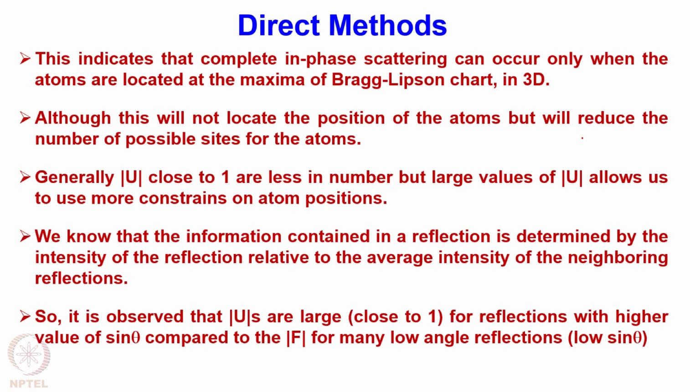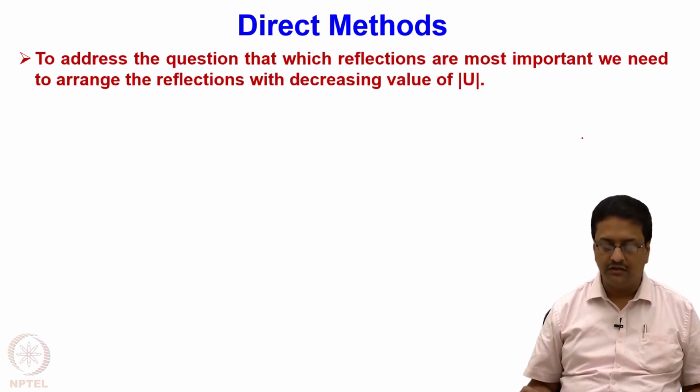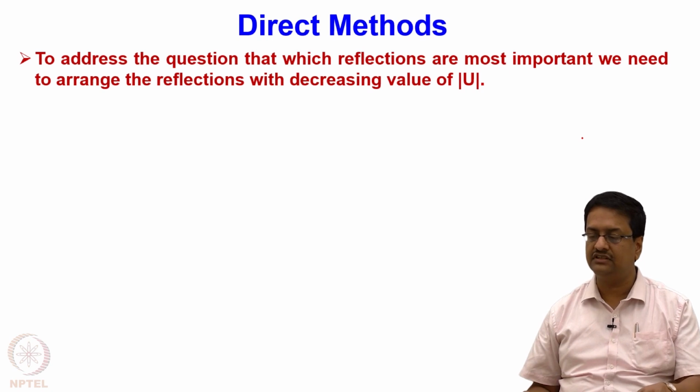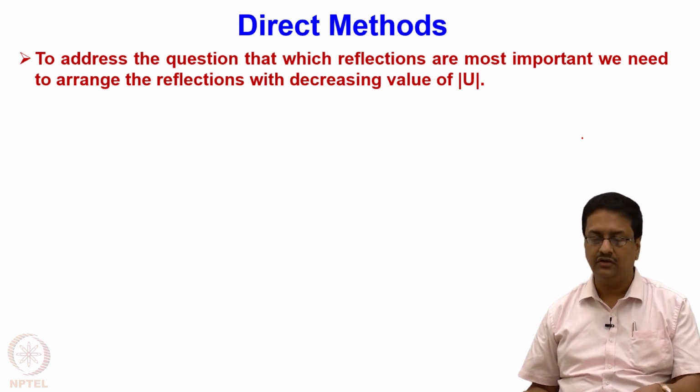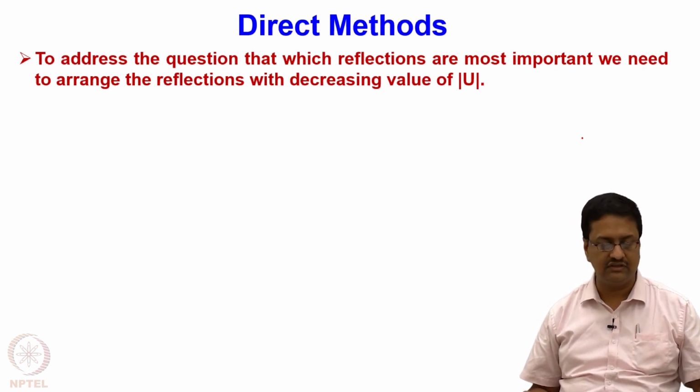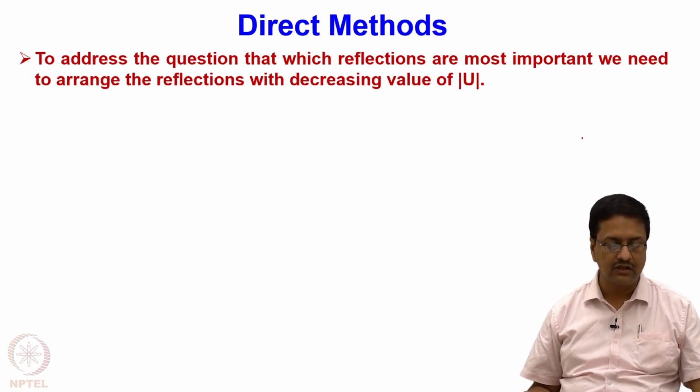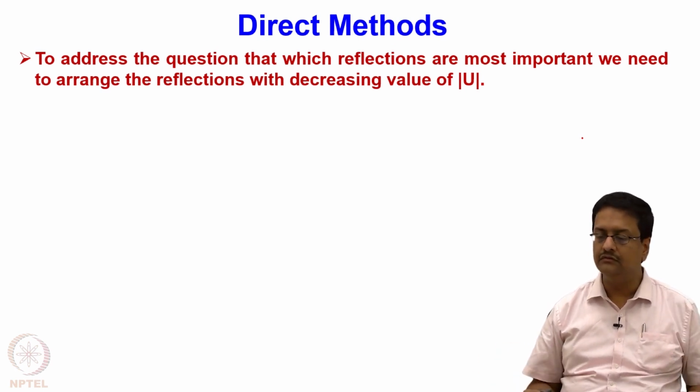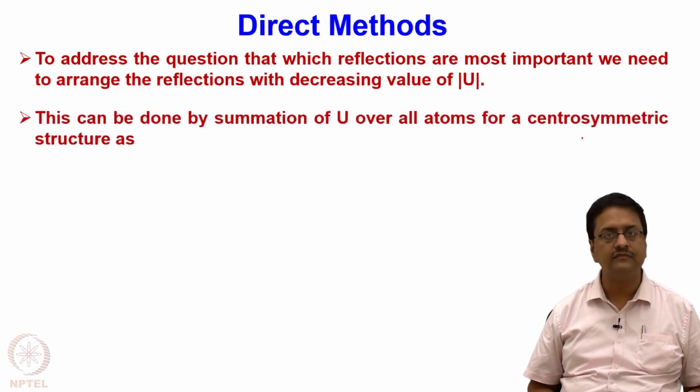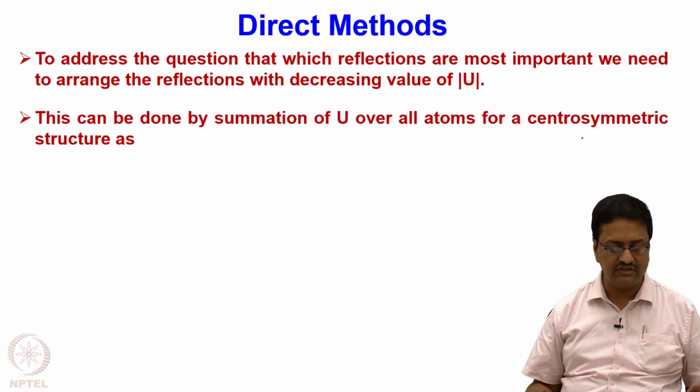So this is the possibility. To address the question of which reflections are most important, we need to arrange the reflections with decreasing value of mod U, that is the absolute value of U. This can be done by summation of U over all the atoms.